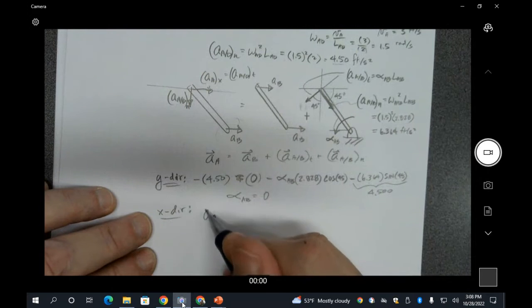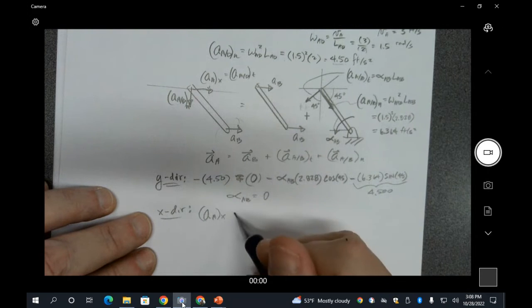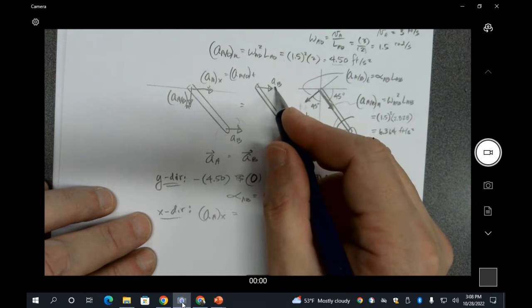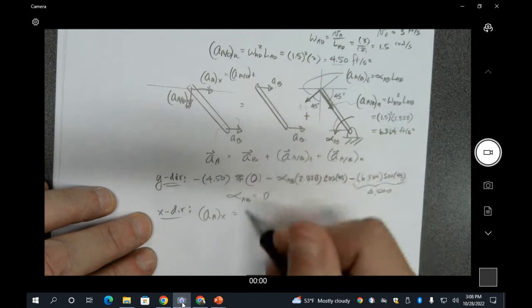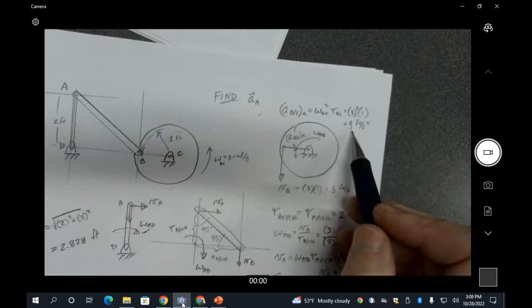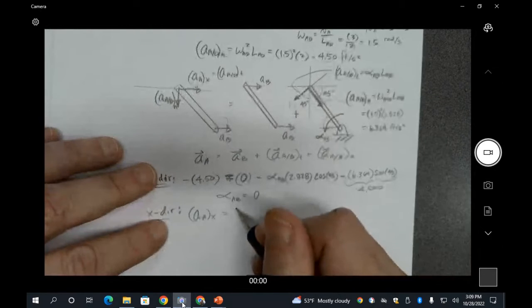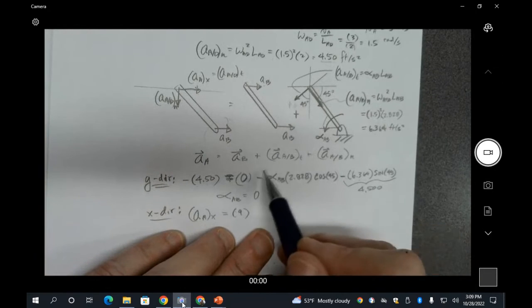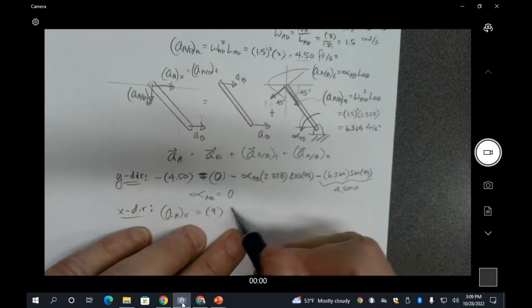But I'm going to call it acceleration of A in the x direction, and it is going to be equal to the acceleration of B, which we know is 3. Is that right? No, 9. Right, all the way back up here, acceleration of B is 9. And then this one right here doesn't play a part, so the tangential doesn't play a part.